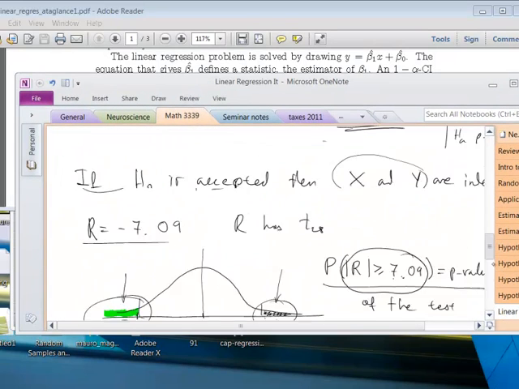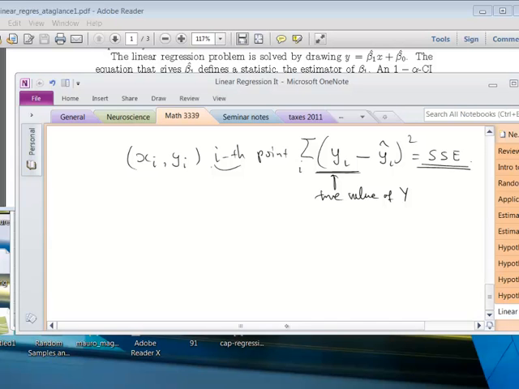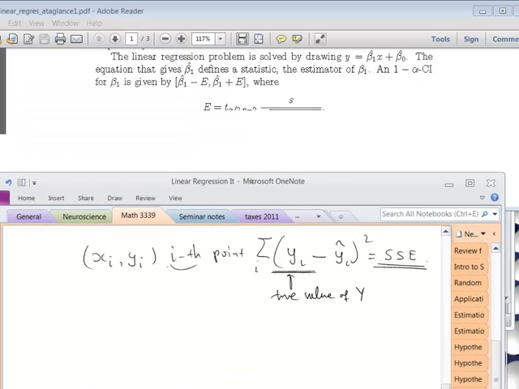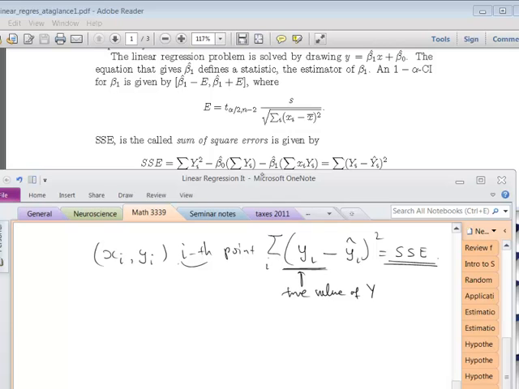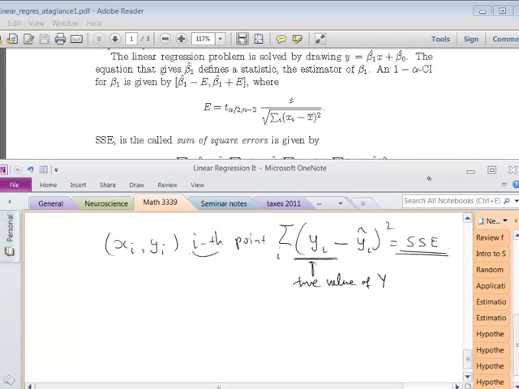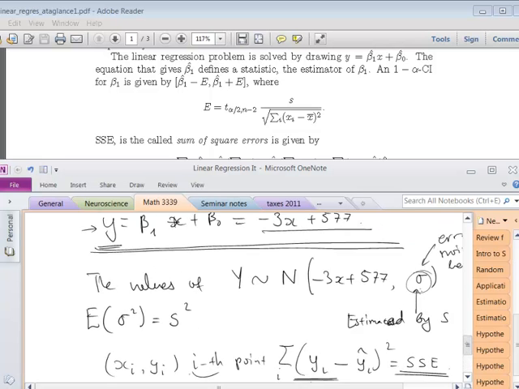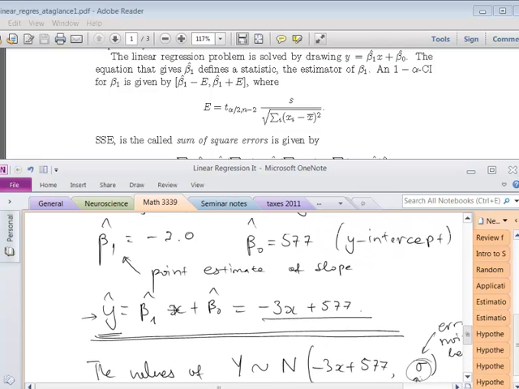I had my point estimate for beta 1 hat, which is -3.